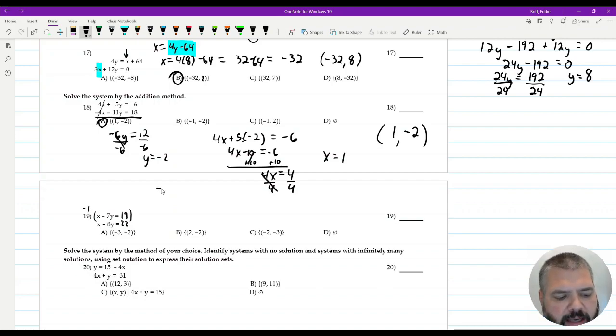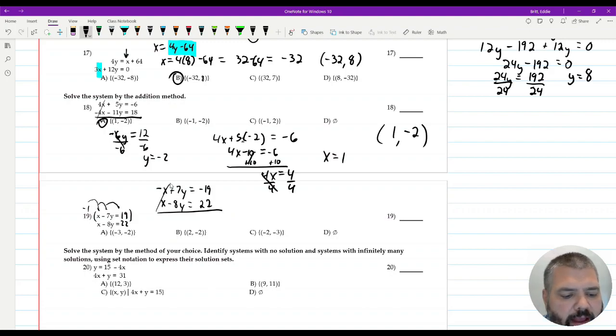So that would give me negative 1x plus 7y equals negative 19. Again, I'm saying the negative 1 times all three terms. The reason why I do that is because now if I take the second equation and write it underneath here, I can add the two equations together.